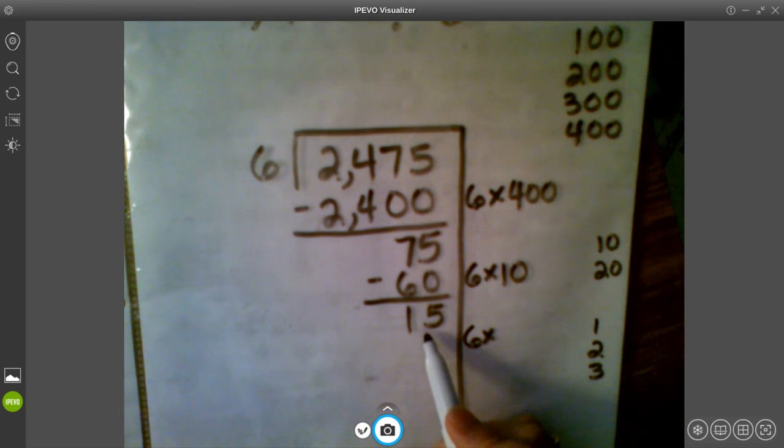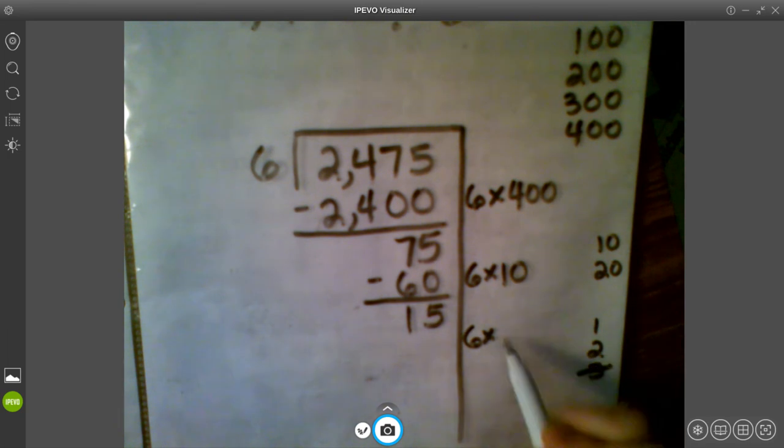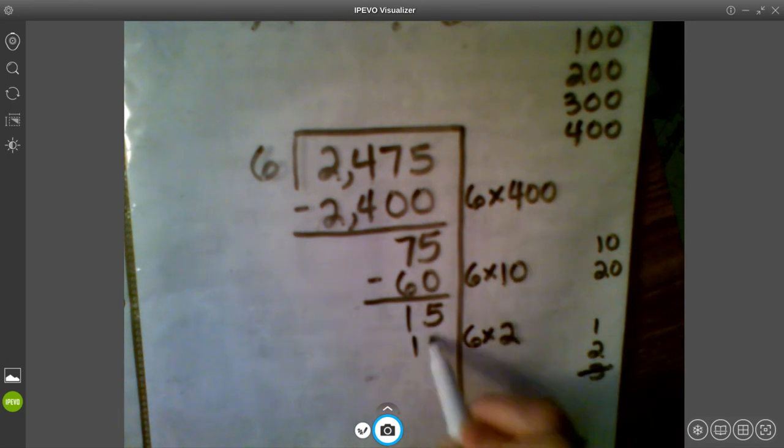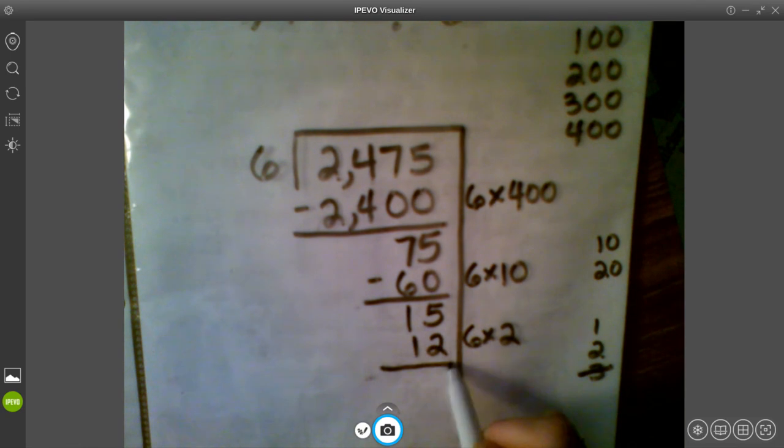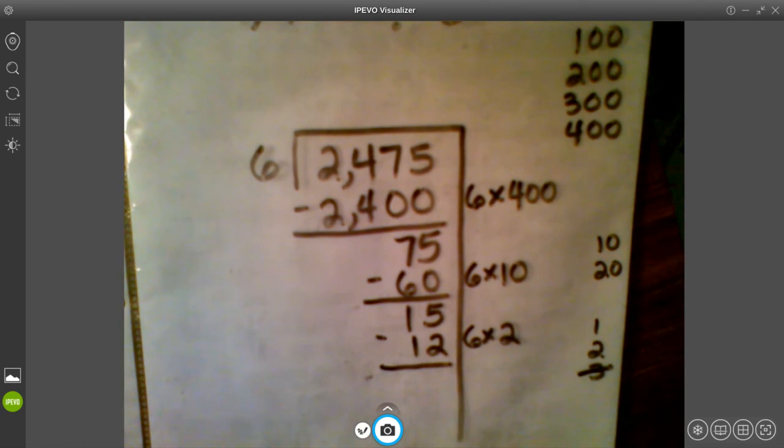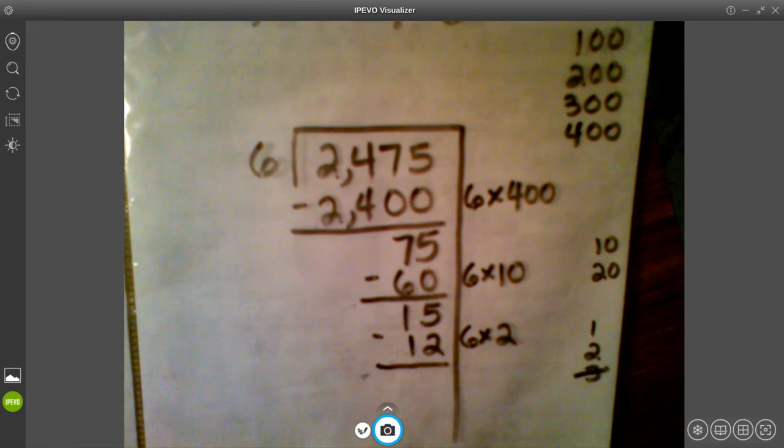I went over 15. So I'll stick with 2. 6 times 2 is 12. If we subtract, 5 minus 2 is 3. 110 minus 110 is 0. We'll stop there because 3 is less than our divisor 6.